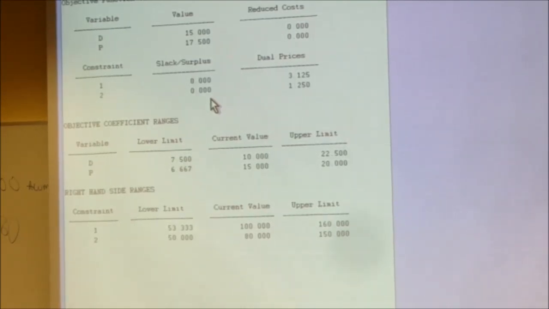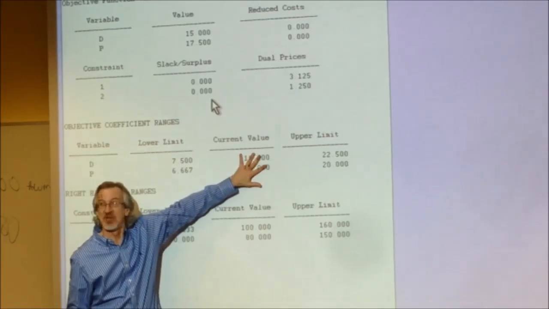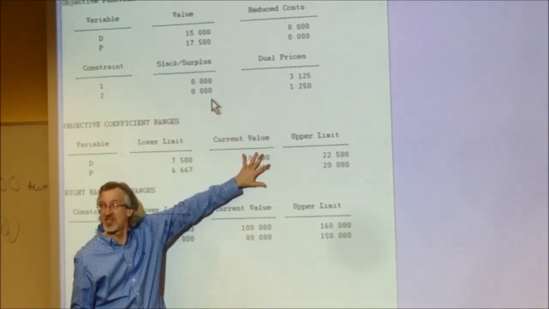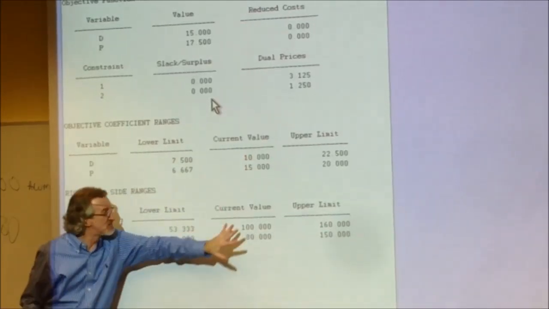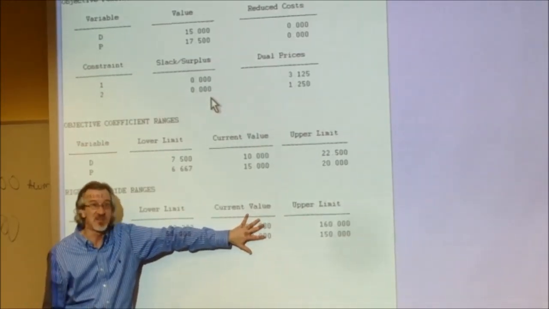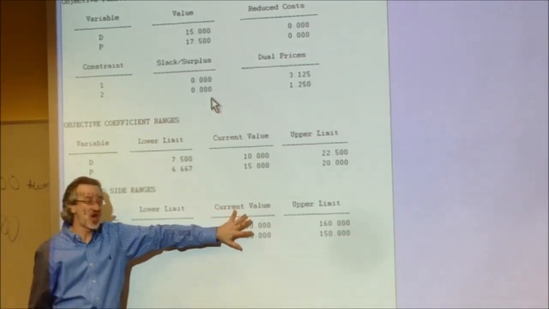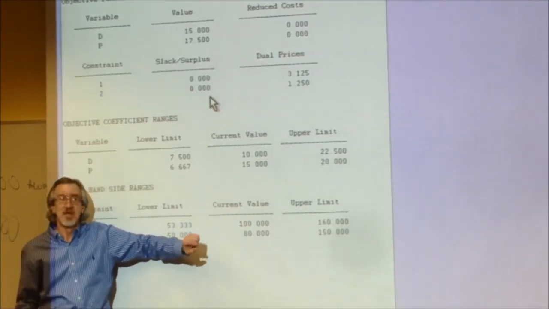All right? This is only when there's more than one change taking place in the same area. More than one change taking place with the objective function numbers, called the range of optimality. Or if there's more than one change taking place in the range of feasibilities, which is the right-hand side of the constraints, right? Now I'm going to repeat what I just said, but I'm going to talk about the range of feasibilities again. Ready?